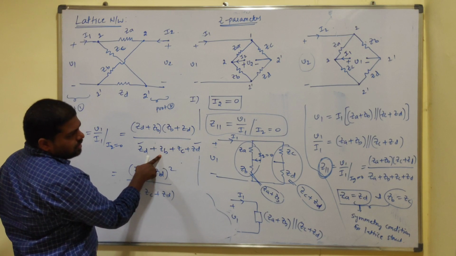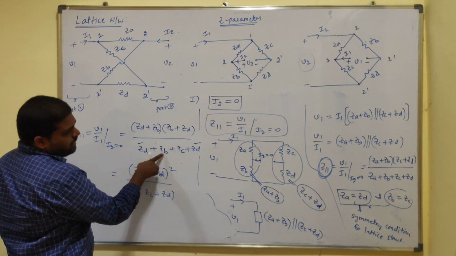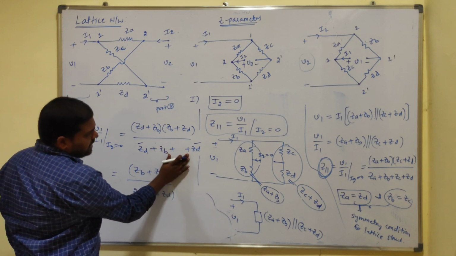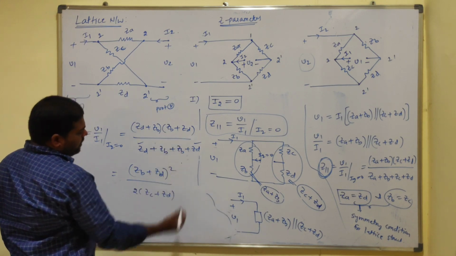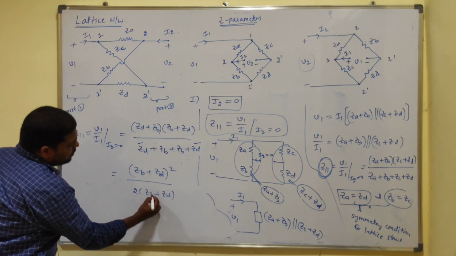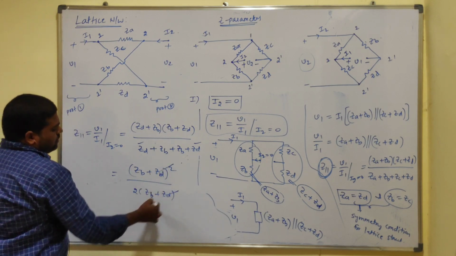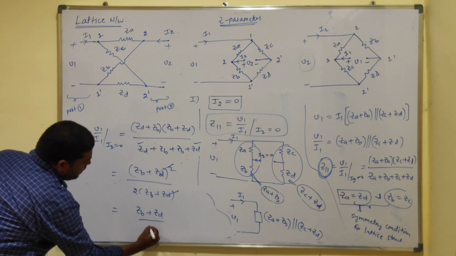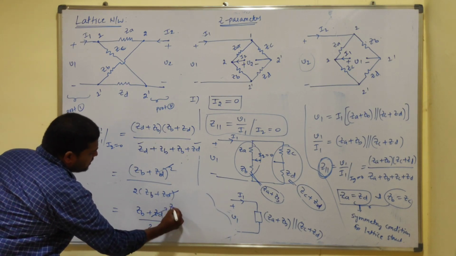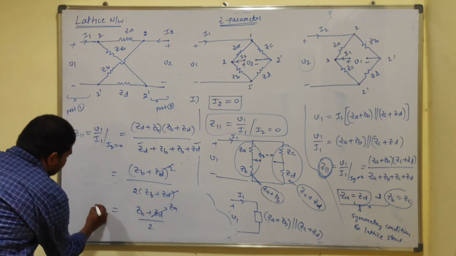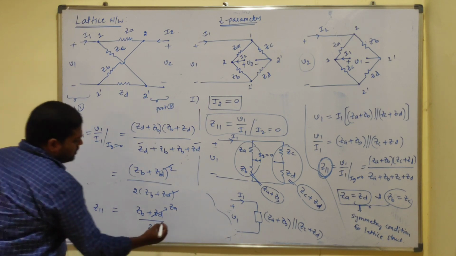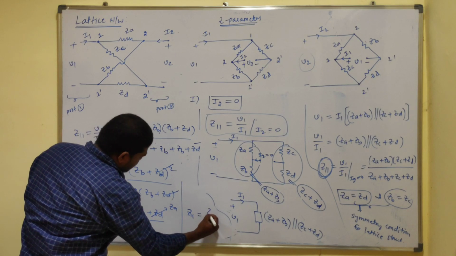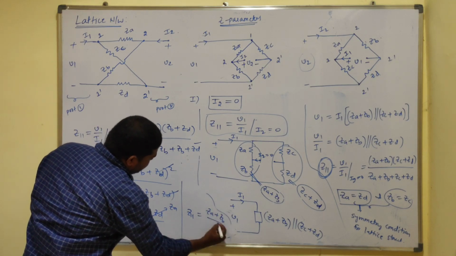ZD plus ZA can be replaced with ZD and ZB, and this ZC can be replaced with ZB. Now you will get 2 times ZB plus ZD. So now you can cancel these two things. Now ZB plus ZD by 2. So this ZD can be replaced with ZA. Then you will get Z11 equals ZA plus ZB by 2.